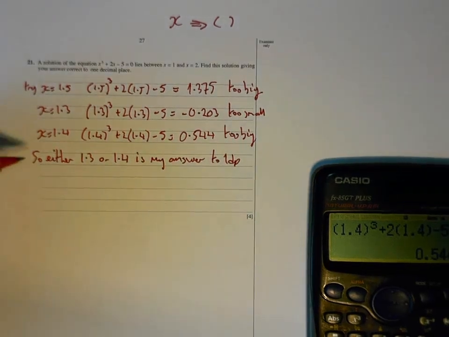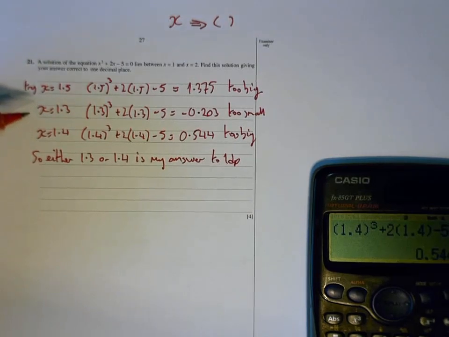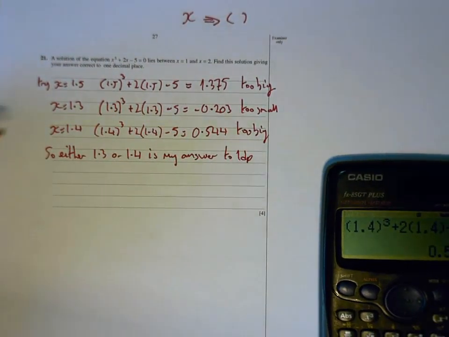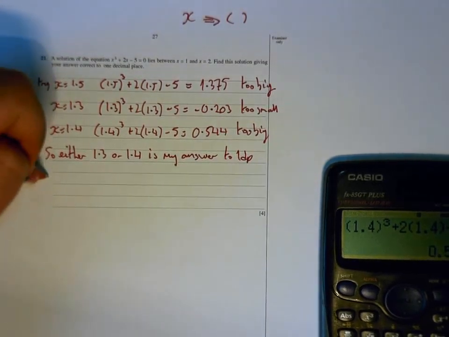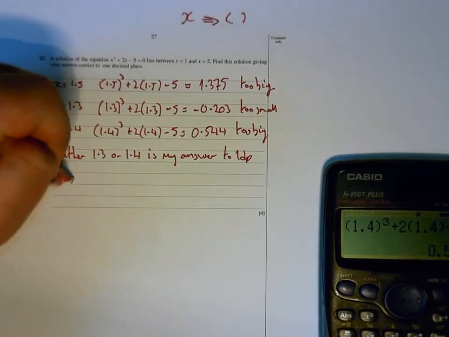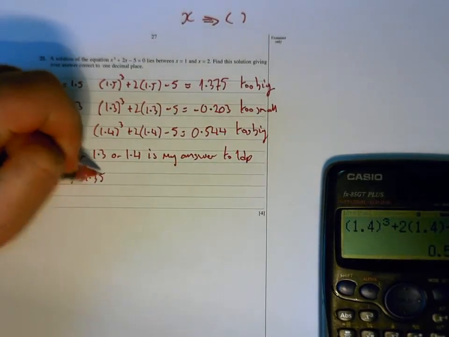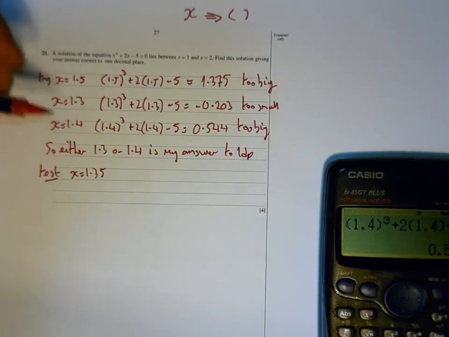In order to do that, we need to go halfway now between these two. So I'm going to do x as 1.35 as my test. And let's see what that gives us, and then I'll explain how that's useful.